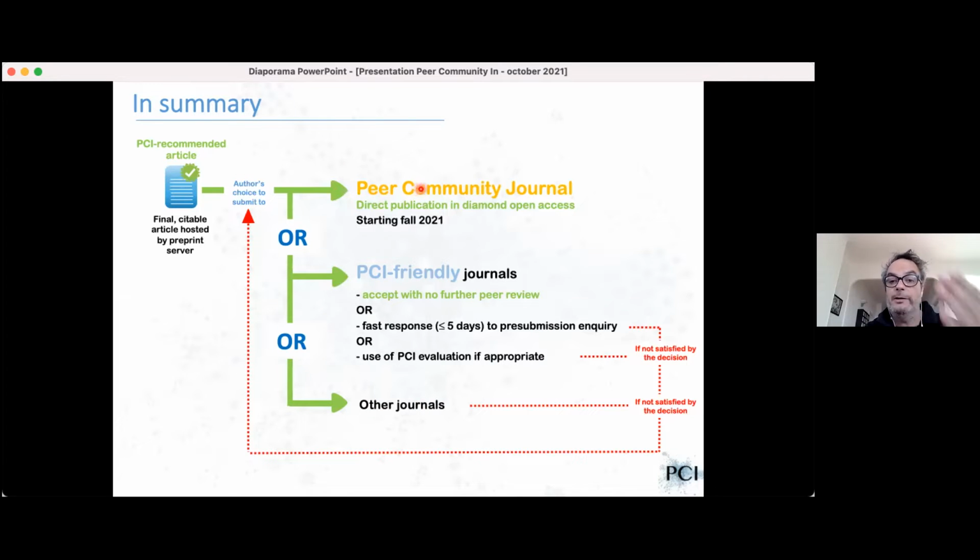They can choose Peer Community Journal, and their article will be published there with no condition, or they can choose another PCI-friendly journal and try to submit to these journals, okay?